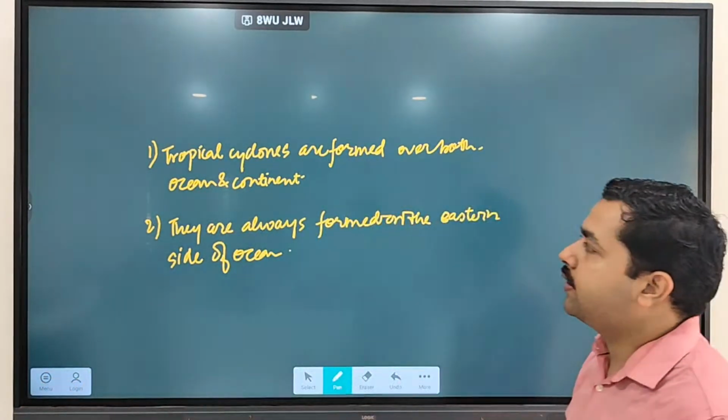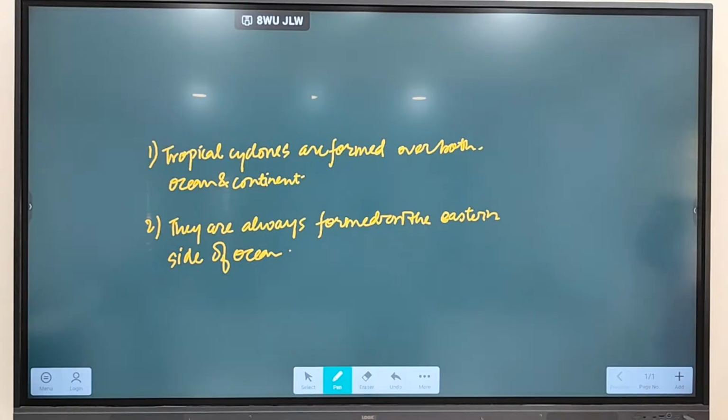Which is the correct statement if a question comes like this? The second is correct. The first one? For the definition we have written that tropical cyclones always originate at the ocean.